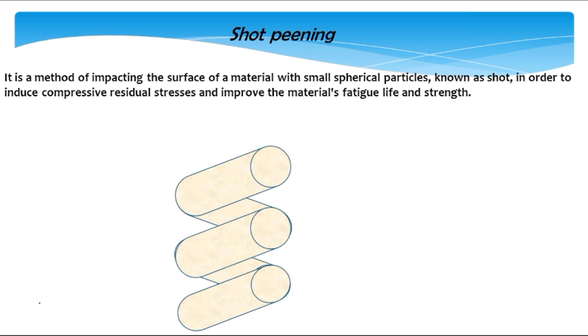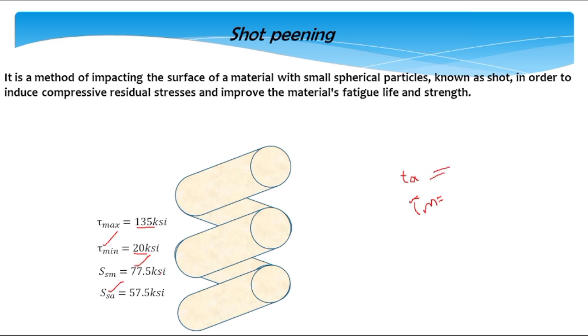So when Zimmerli took a peened spring and did an experiment on that peened spring, he saw that the tau max that he could produce in the spring was 135. So here in case of the peened spring, the tau mean will remain the same. So let's find out tau A, which is equal to 135 minus 20 divided by 2, and that will give you 57.5 ksi, and tau M, which is equal to 135 plus 20 divided by 2, will give you 77.5.